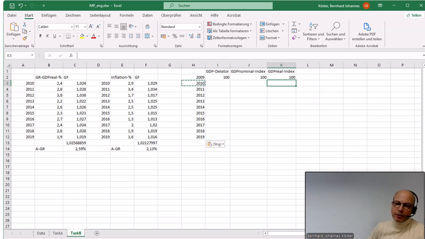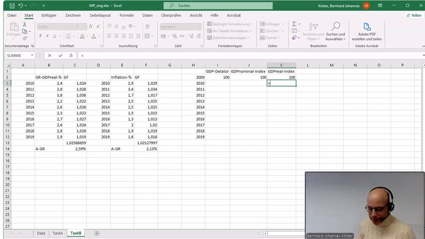If 100 is growing over 1 year by 2.4%, I think you can do this in your head. Yeah, 102.4. Or in general, this 100 times the growth factor.